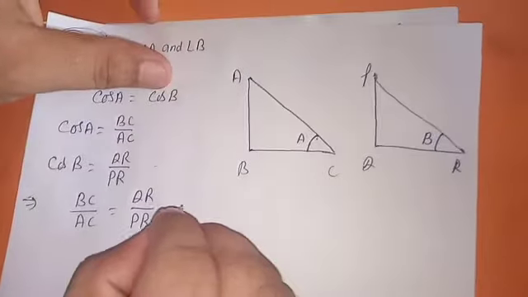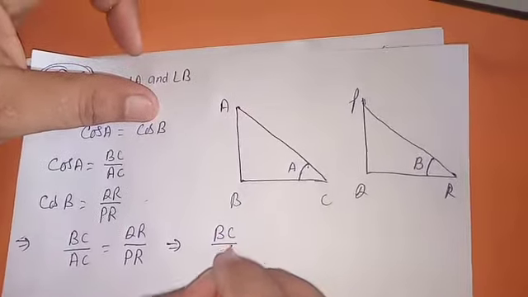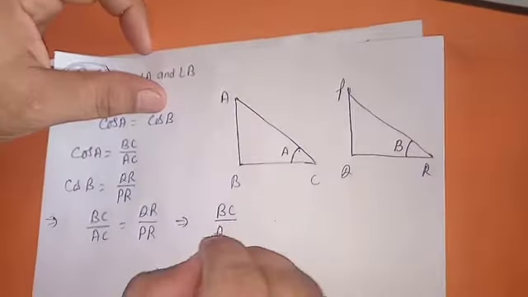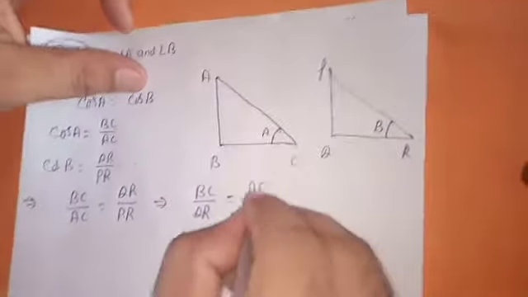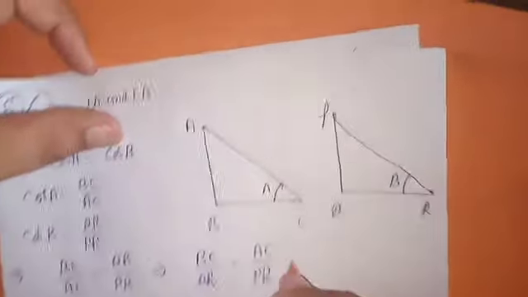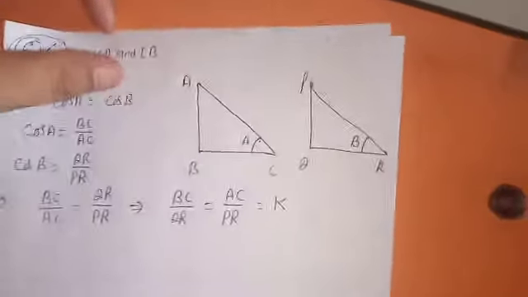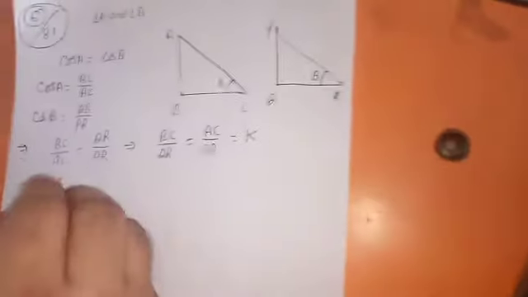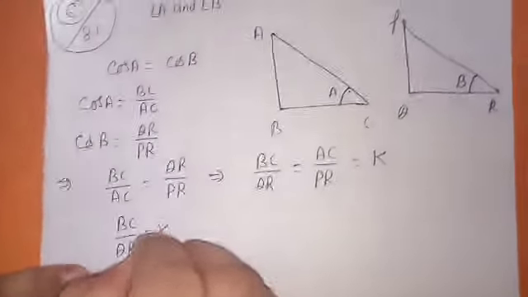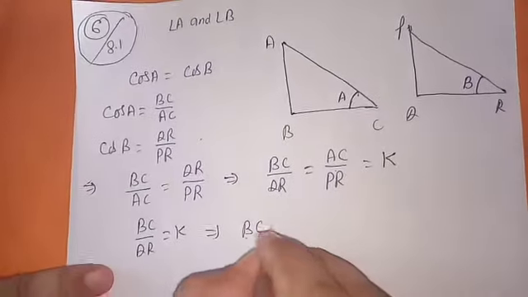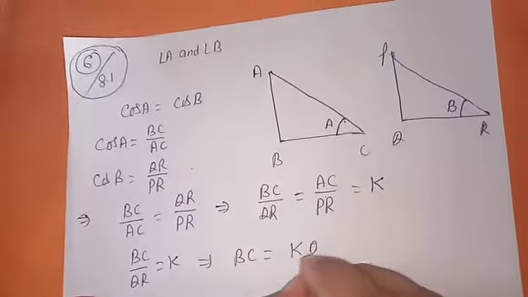We can write this like this: BC by QR is equal to AC by PR is equal to K. Understood? So taking BC by QR equal to K, this implies BC equals K QR.